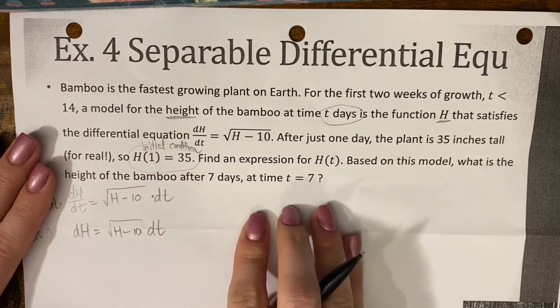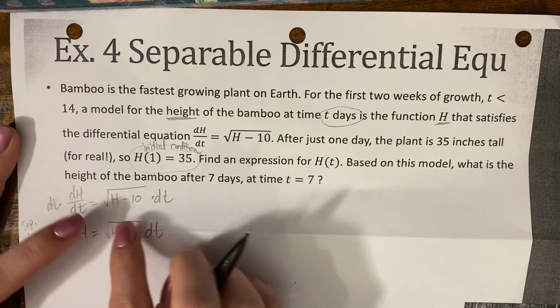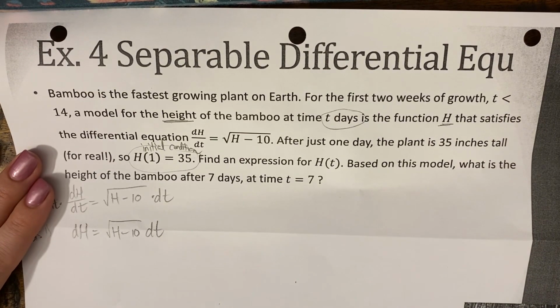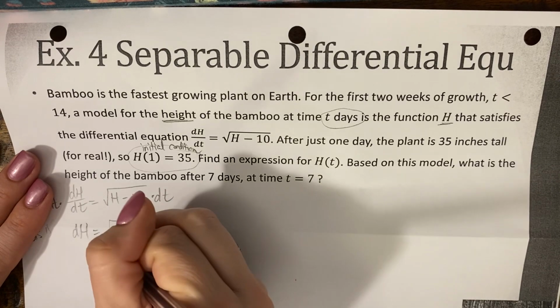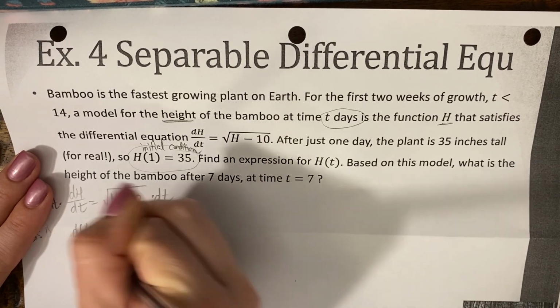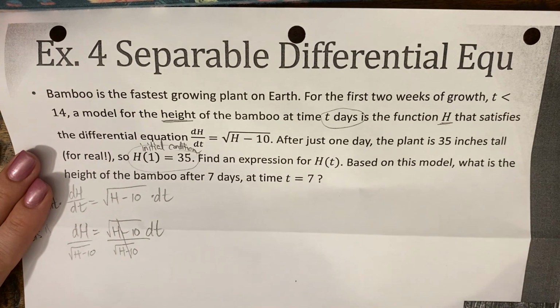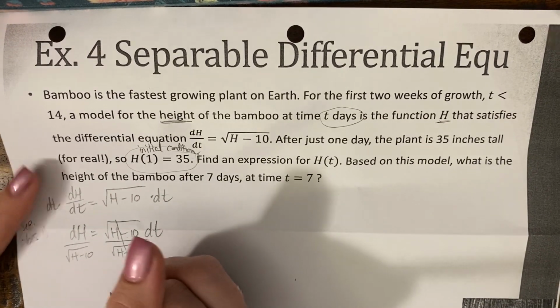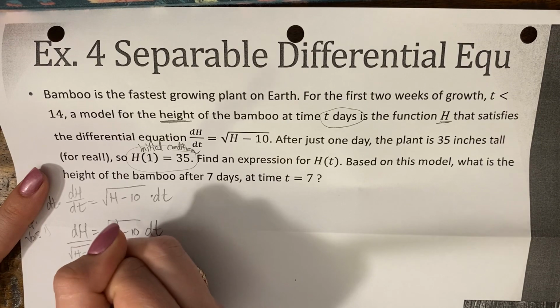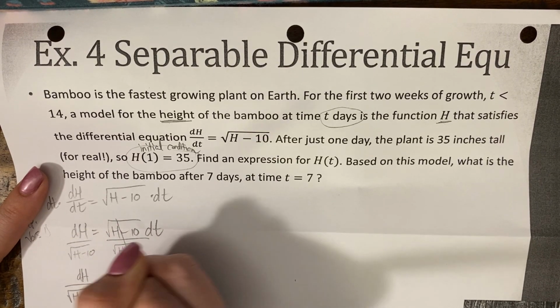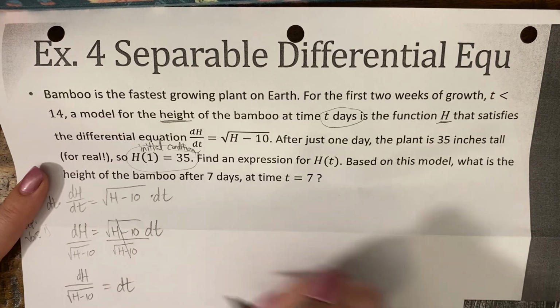All right. Now, these variables, I haven't separated my variables. I have an h and a t on the right. That's a problem. I'm going to divide by root h minus 10 on both sides. Okay, so I have now separated my variables. dh over root h minus 10 equals dt.